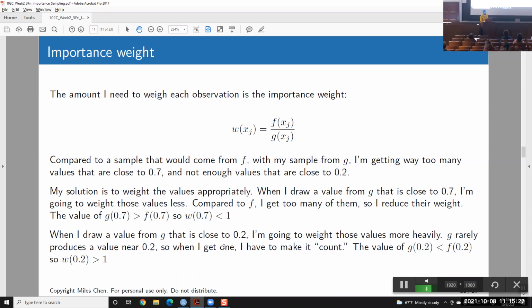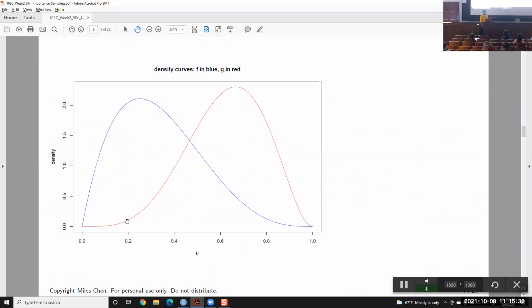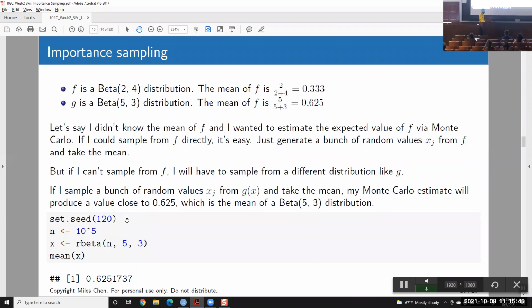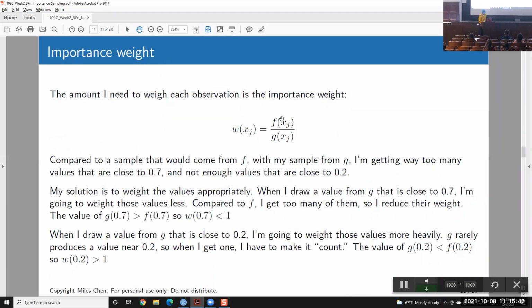On the other hand, for values near 0.2, F, the blue, has a value of around 2.1, whereas red has a value around 0.2. So blue, F, has a large value divided by G, the red, which has a small value. This value is going to be much greater than 1. So we're going to magnify its importance.